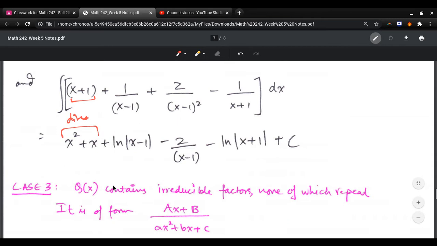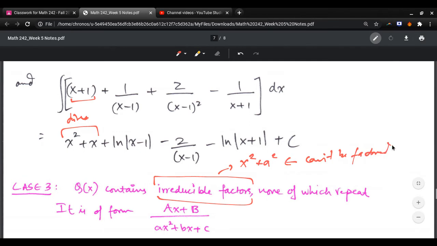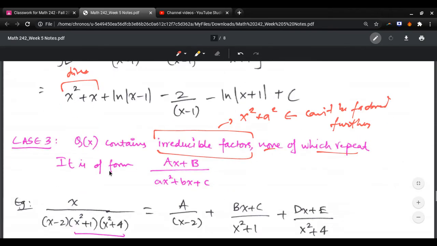The next case is if the denominator consists of an irreducible factor. An irreducible factor would be something like x squared plus a squared, meaning it can't be factored further. Again, none of which repeat. So in this case, the difference is that now the numerator has to be ax plus b.